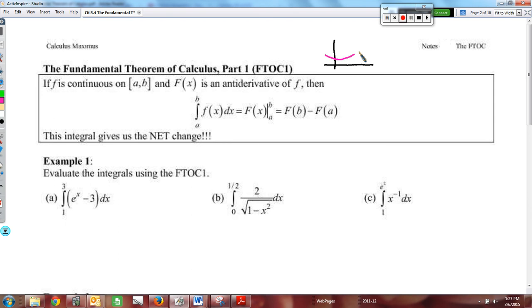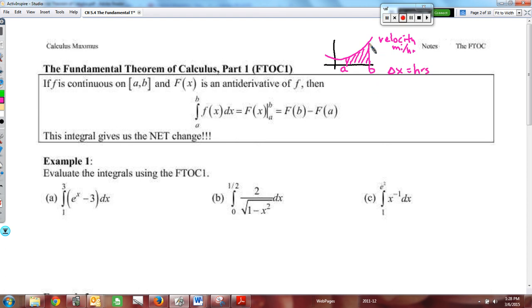So if you're given a rate curve, okay, so you're given a velocity curve, and you're calculating the area or the accumulation of area under the curve from A to B, the units of this area is going to be your change in x, which is going to be, for example, if this is in miles per hour, then your delta x is going to be in hours.